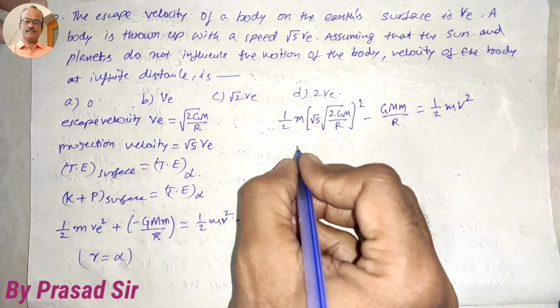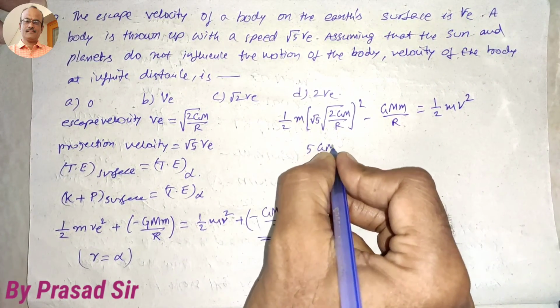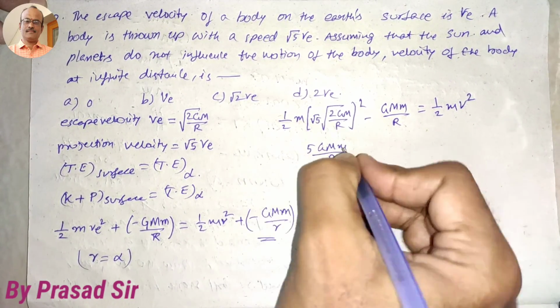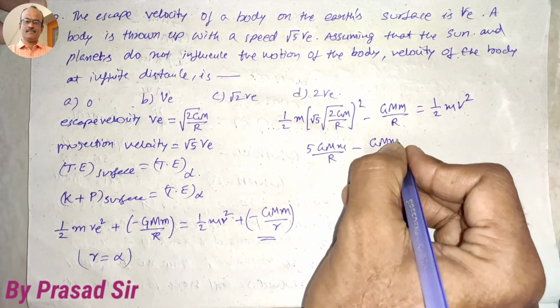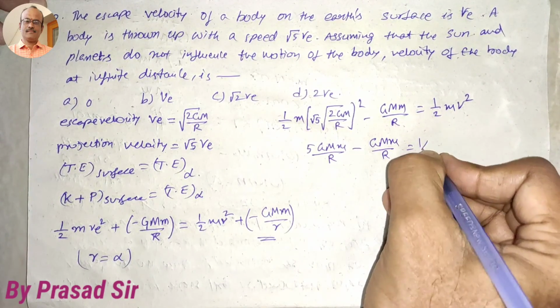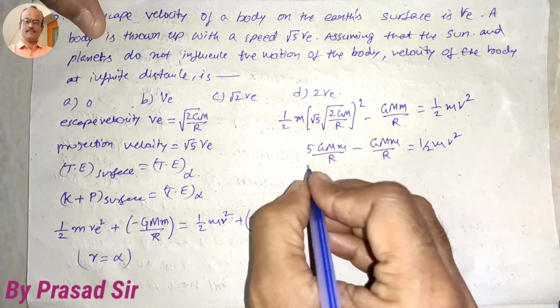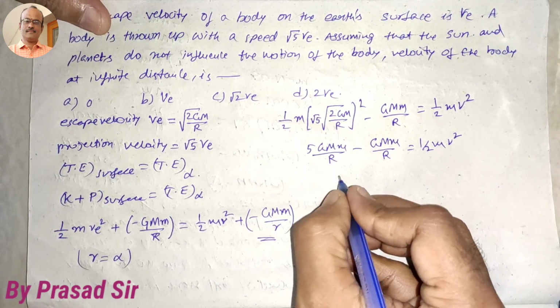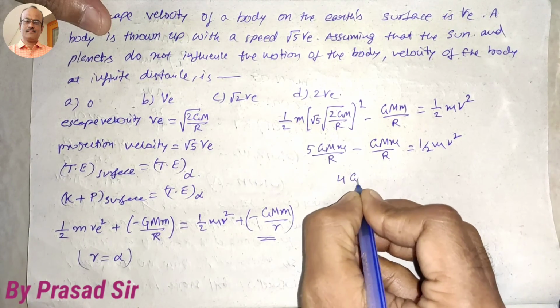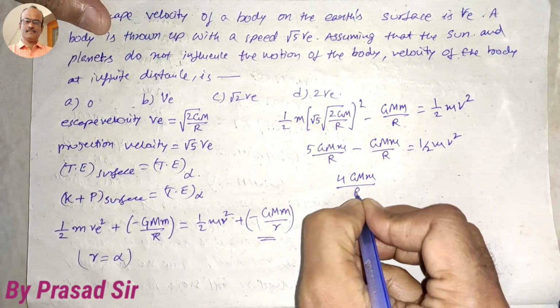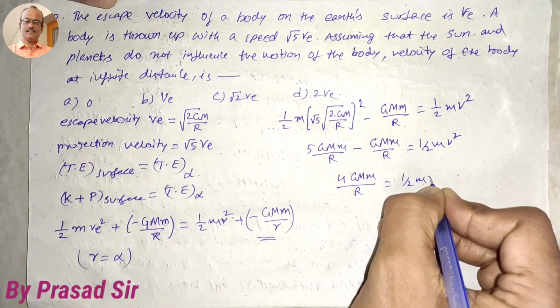So then what happens here? 5 capital G capital M small m divided by r minus capital G capital M small m divided by r is equal to half m v square. So here in the subtraction, we are getting 4 capital G capital M small m divided by r is equal to half m v square.